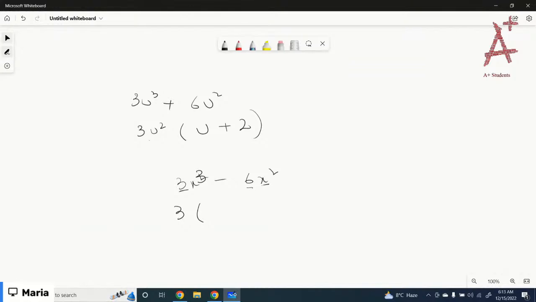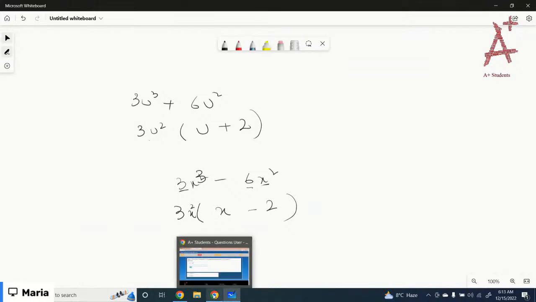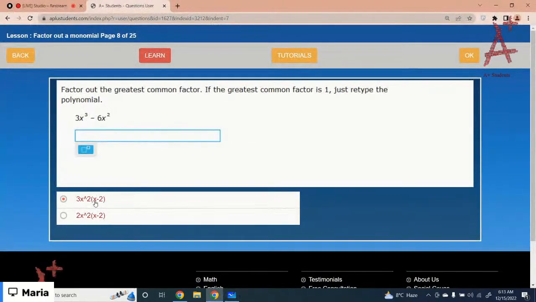The least power is x square, so you can take common x square. Got it? So here we are left with x, and here 3 times 2 is 6 and x square is already outside. So it would be 3x square times x minus 2. Got it? So the first option is the correct one. Just select the correct option, then click on the OK button.